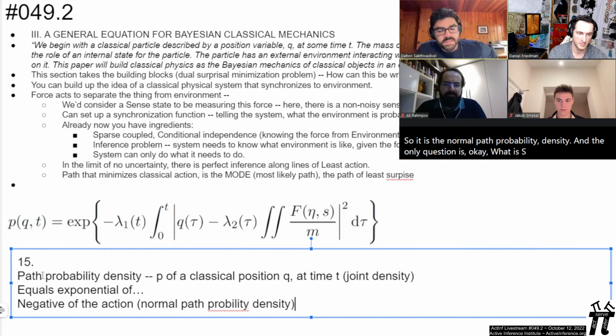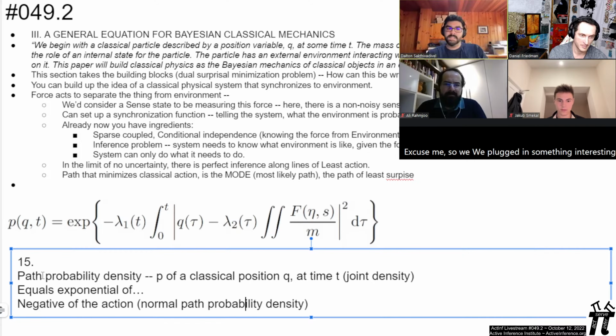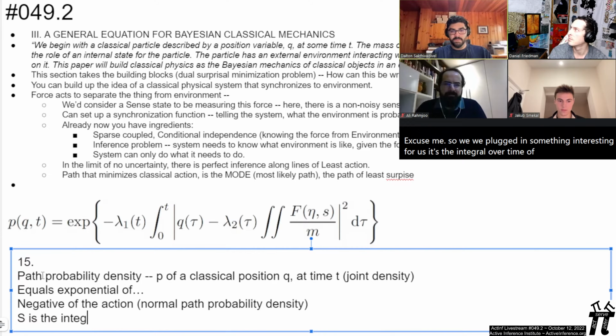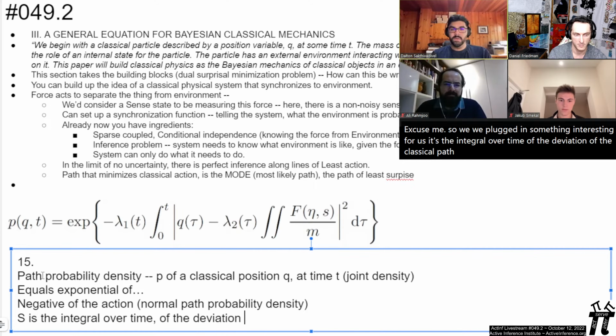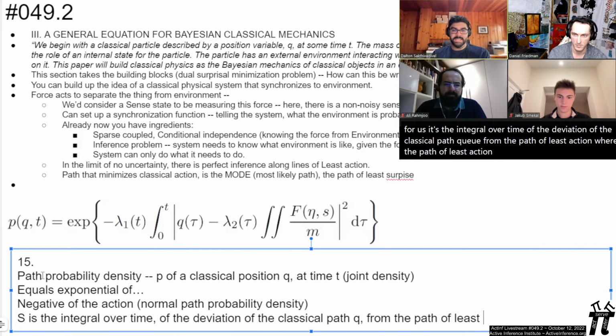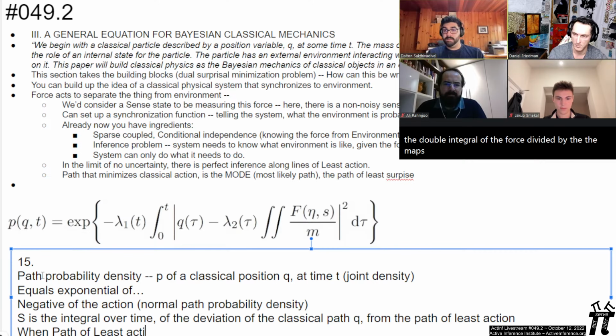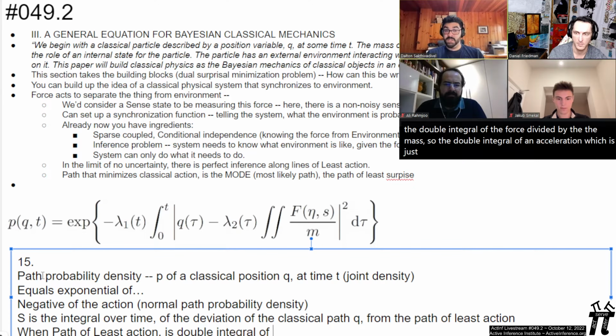So we've plugged in something interesting for S. It's the integral over time of the deviation of the classical path Q from the path of least action, where the path of least action is defined as the double integral of the force divided by the mass. So the double integral of an acceleration, which is just a position.